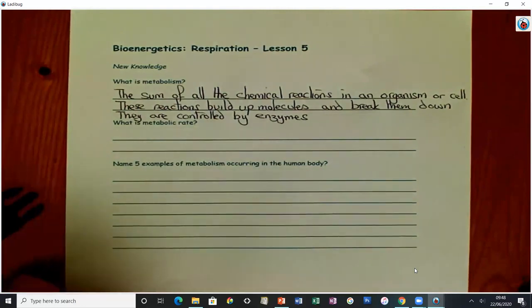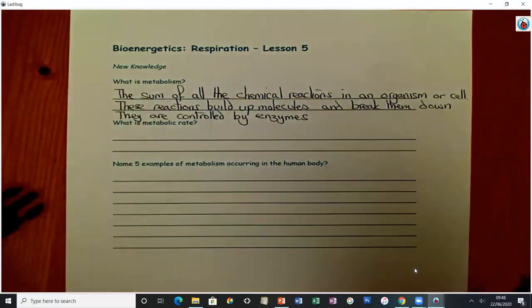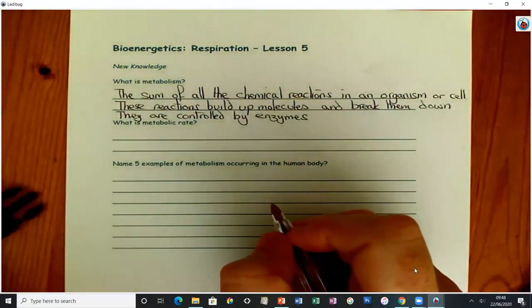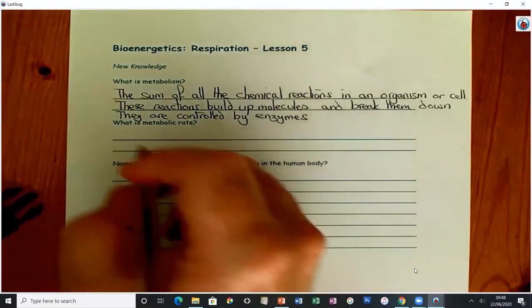The next question on the sheet is, what is metabolic rate? And metabolic rate is simply the speed at which metabolism occurs in living organisms. So let's make a note of that.